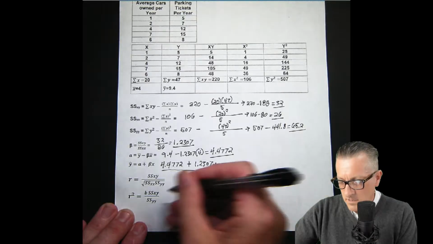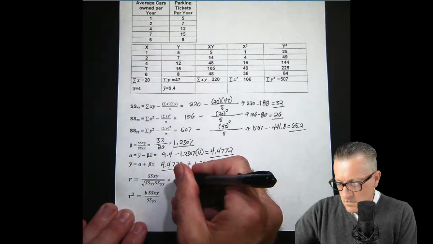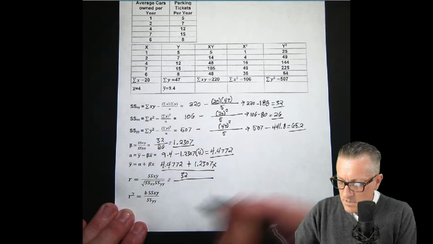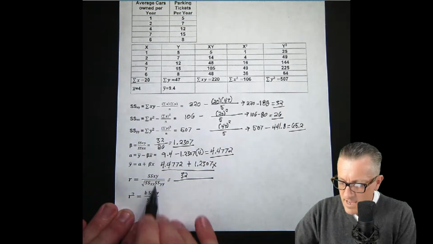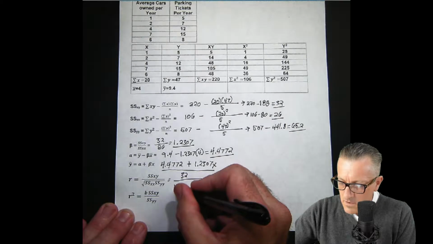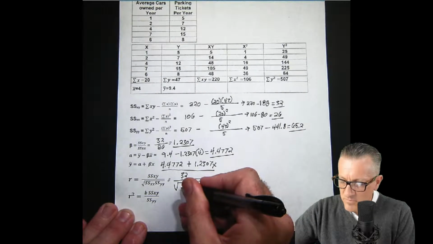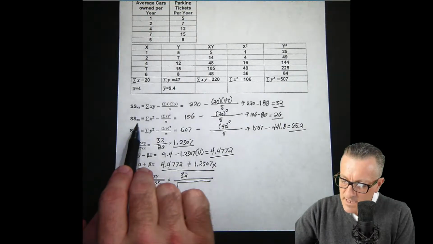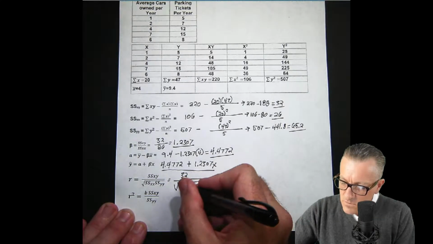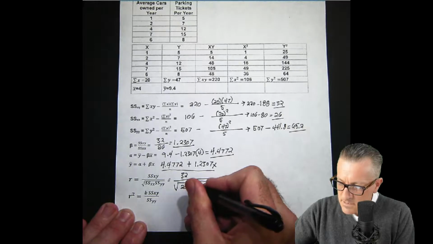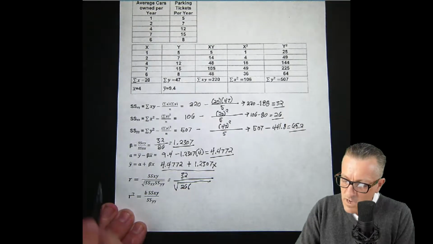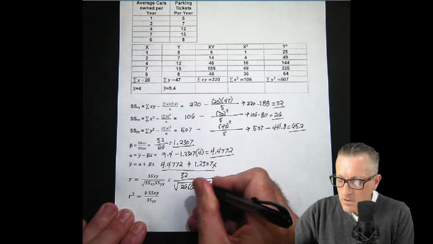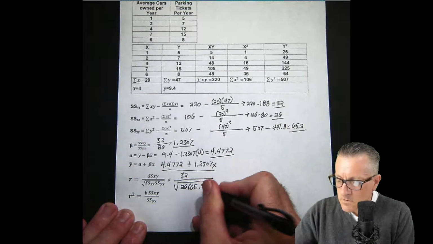And our r is 32, which is our SSXY, and then the root of these two multiplied together: SSXX, which is 26, multiplied by SSYY, which is 65.2.